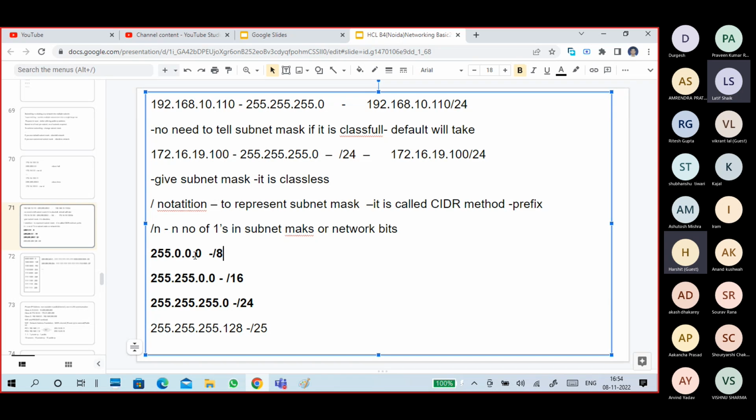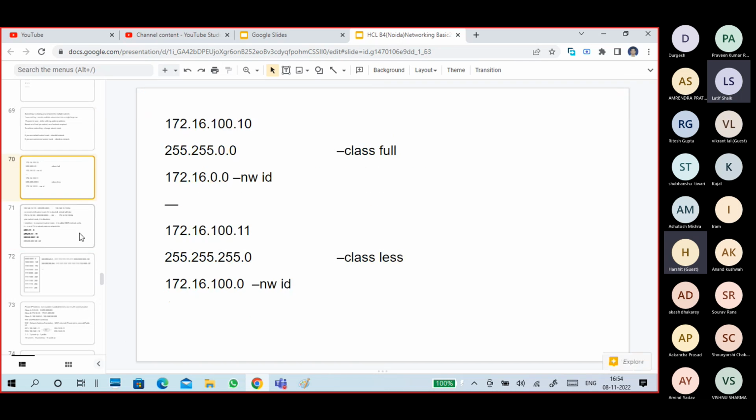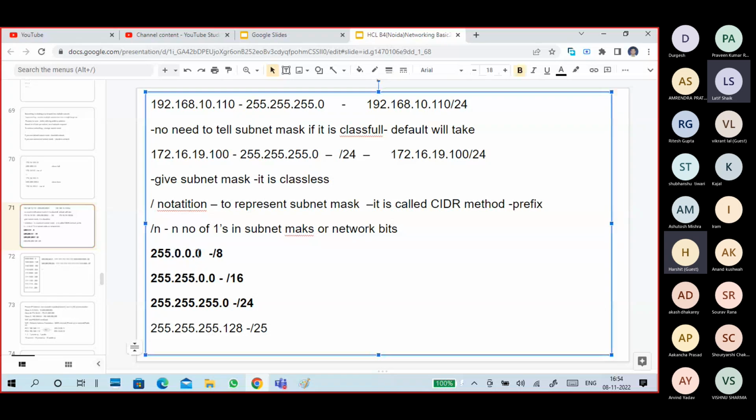For example, you take 255.0.0.0 network. This is the subnet mask. You want to write it, then /8. 255.255.0.0 is your subnet mask, written /16. I have another subnet mask, 255.255.255.128. This is a manipulated subnet mask, the /25.